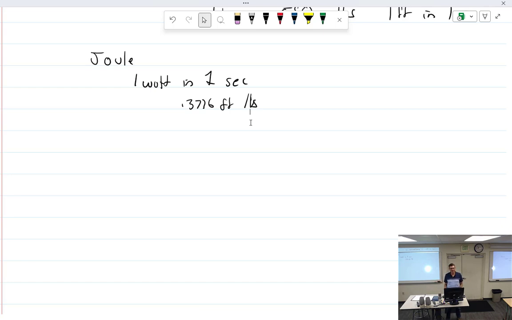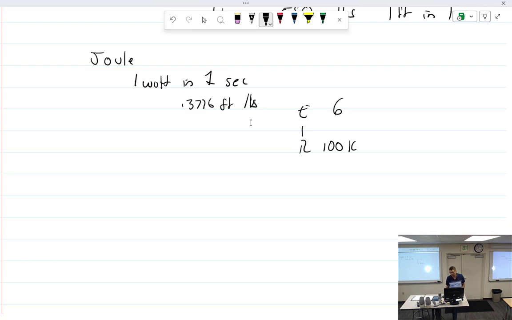Even according to this, a callous dry hand may have more than 100,000 ohms. So if we said 100K and we're only dealing with a 6-volt battery, at 100,000 ohms, what's the maximum current we're going to get?